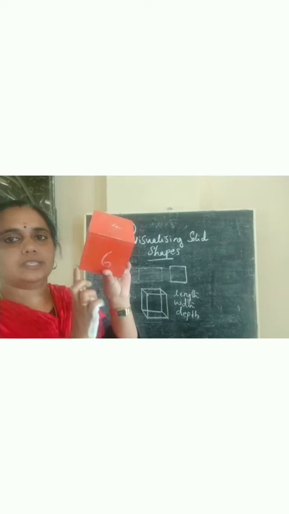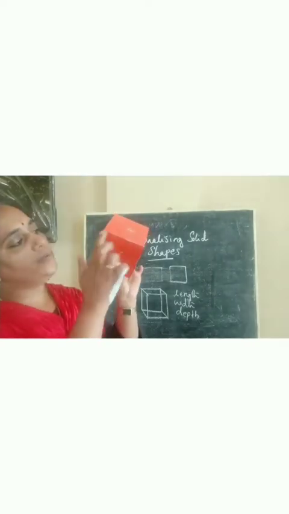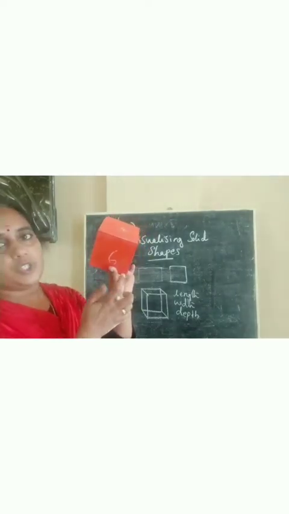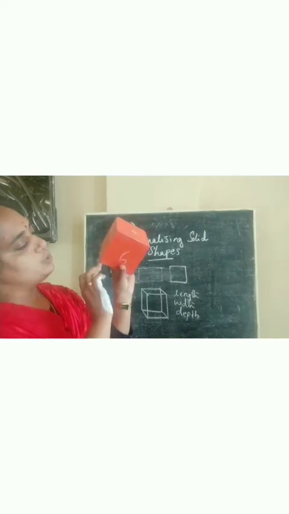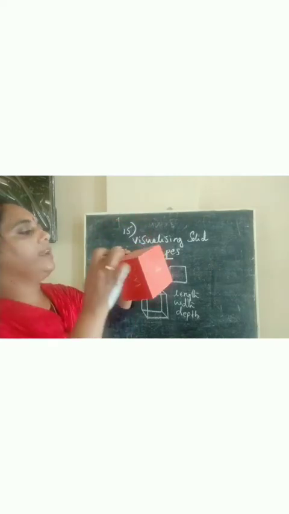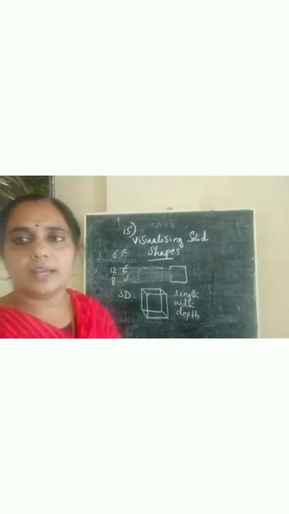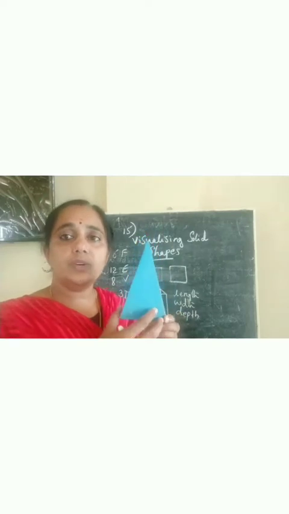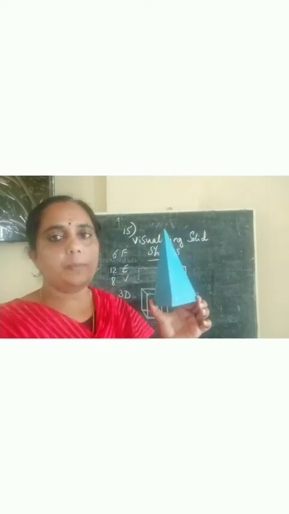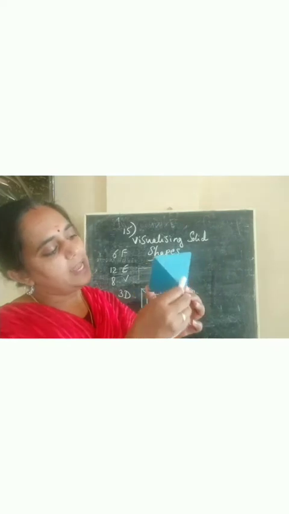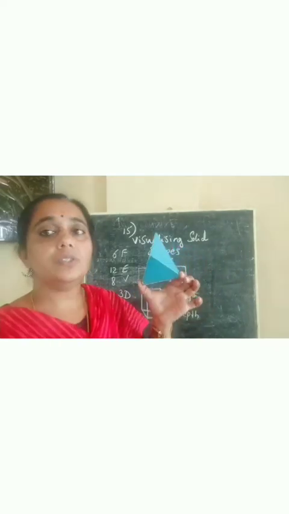These are the vertices, joining points of line segments. So 8 vertices are there. Clear?